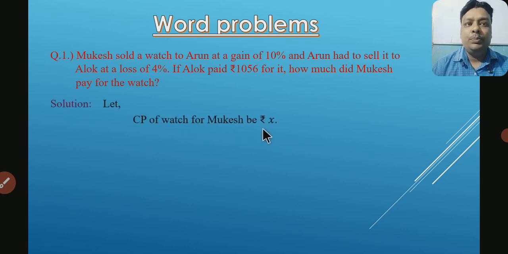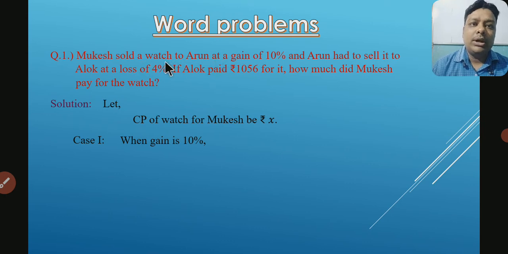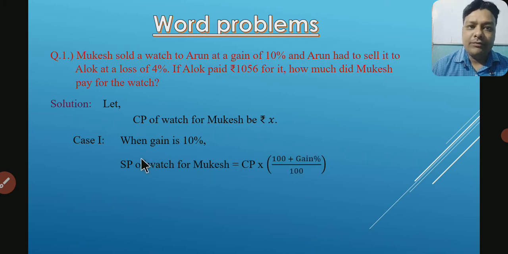Now Mukesh sold a watch, which means Arun has purchased it. In case 1, there is a gain, because Mukesh sold the watch to Arun at a gain of 10%. So SP of watch for Mukesh, we will apply the formula of SP, which is CP into (100 plus gain percent) by 100. CP is X, so X into (100 plus 10) by 100, because the gain percent is given as 10%.